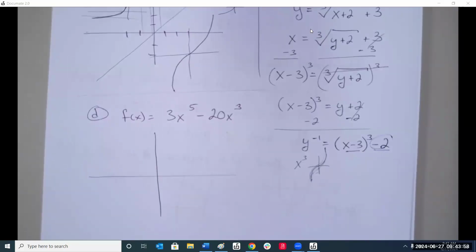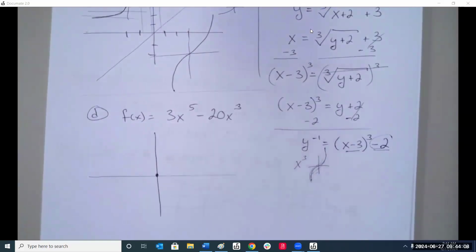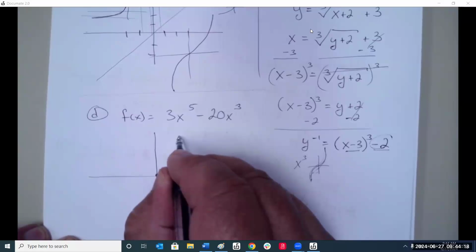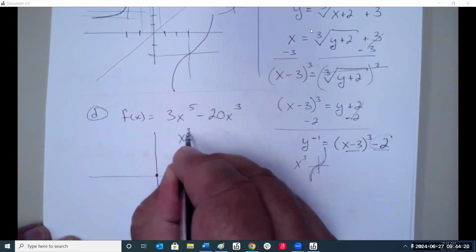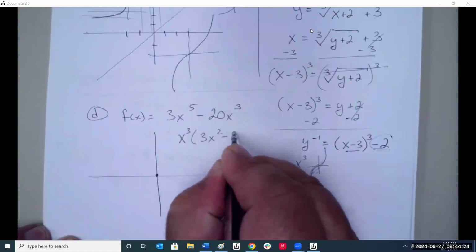Do we know the y-intercept? It doesn't have a number here, so it's the origin. Do we know the x-intercepts? Can we factor this out? What do they both have in common? Leaving us with 3x squared minus 20.